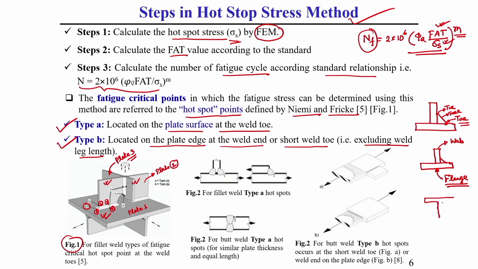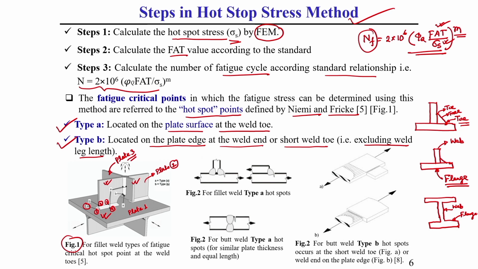So, if the geometry is like this, this is called the web and this is called the flange. You know these things very well. So, in plate 1, this is the flange plate, and plate 2, plate 3, these are all web plates.